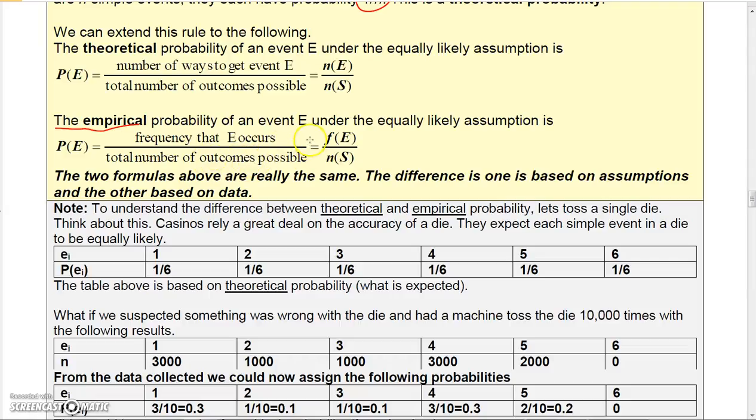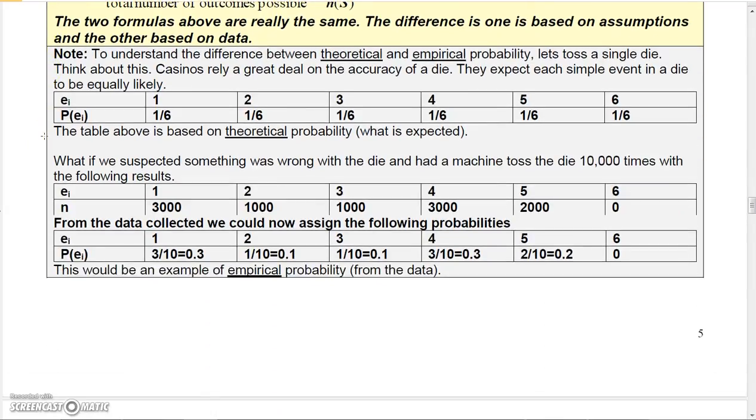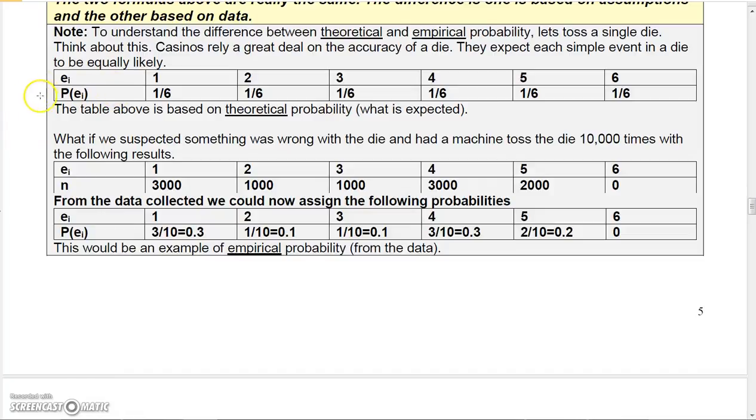So if it's a theoretical event, it's just the number of elements in the event space divided by the number of elements in the sample space. It's basically the same thing here, but we call this the frequency of occurrence rather than the number of elements. Okay, now to understand the difference, let me do an experiment here.